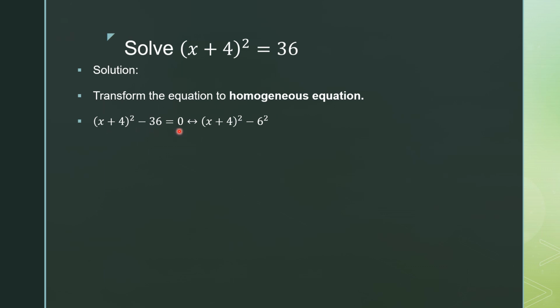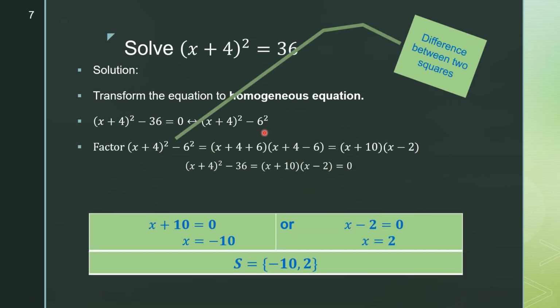So we will get this form of the equation. And 36 can be written as 6 squared. So the left side of the equation becomes x plus 4 in a bracket squared minus 6 squared. And this is a difference between two squares.